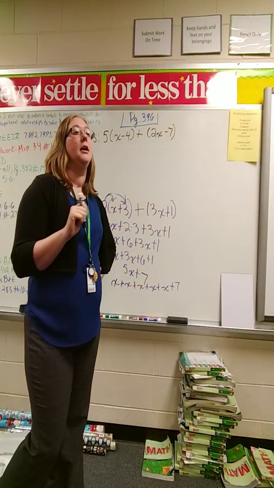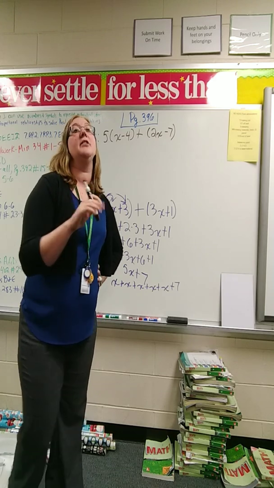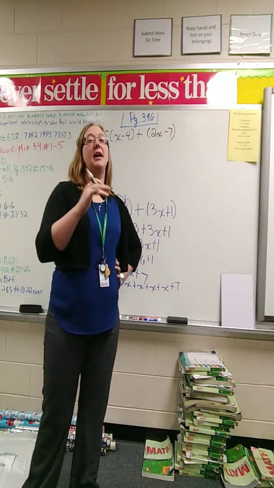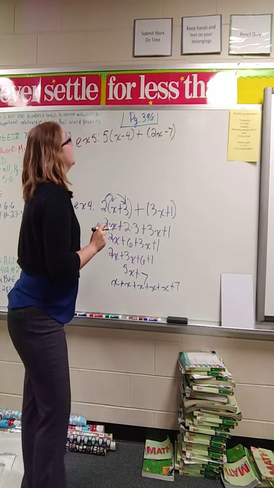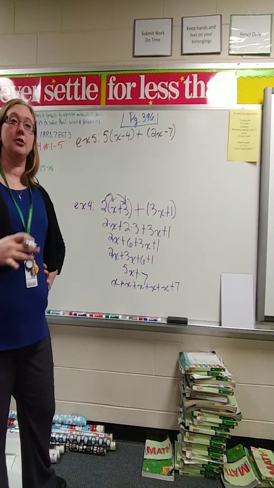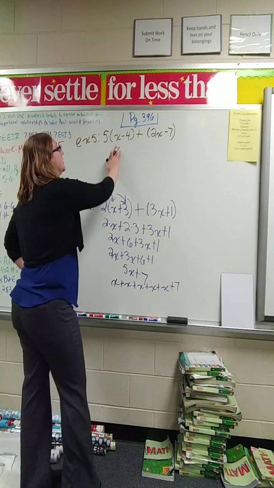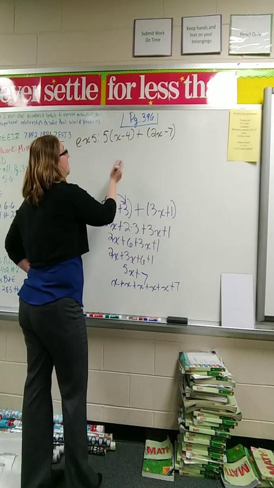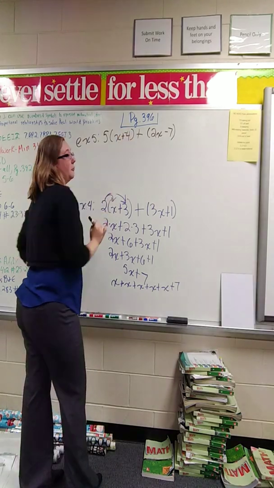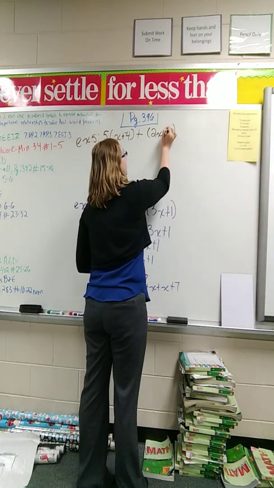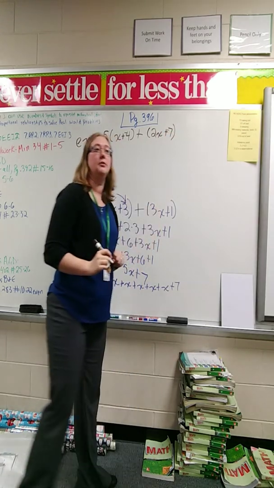But I can, KCA, change those subtraction signs to addition signs and use the additive inverse of that second term. So I'm going to go ahead and KCA first, and then we will use the distributive property. So this x minus 4 becomes x plus a negative 4. 2x minus 7 becomes 2x plus negative 7.